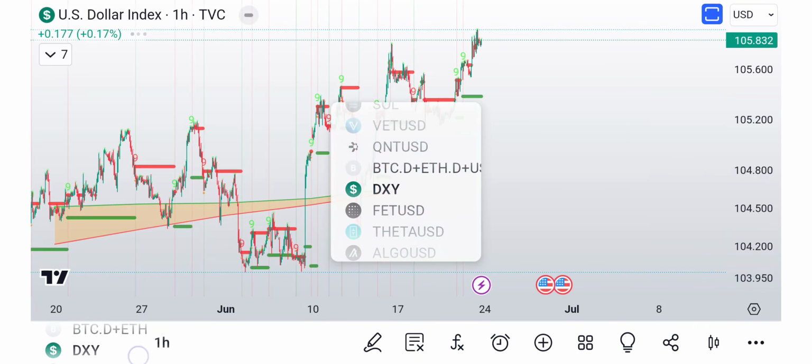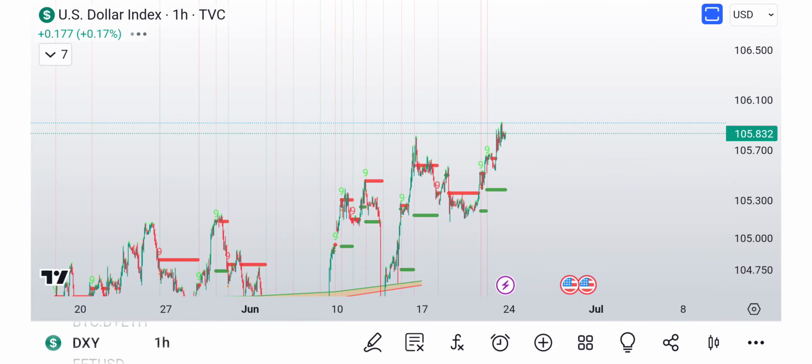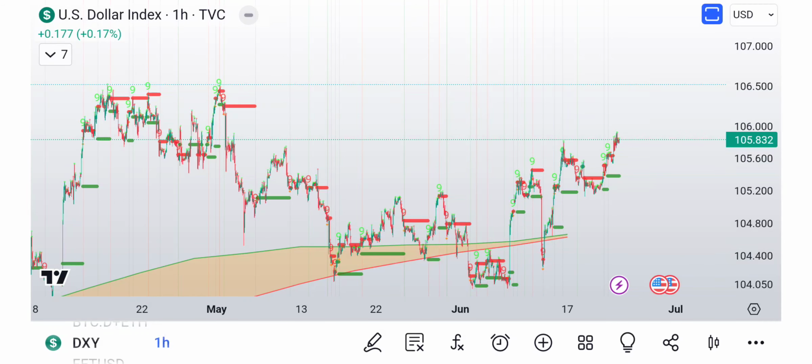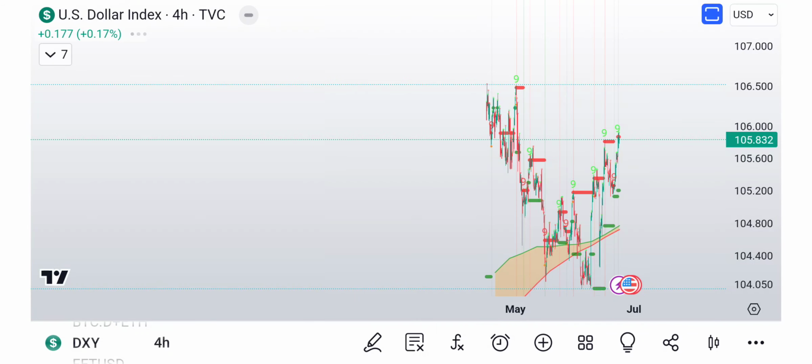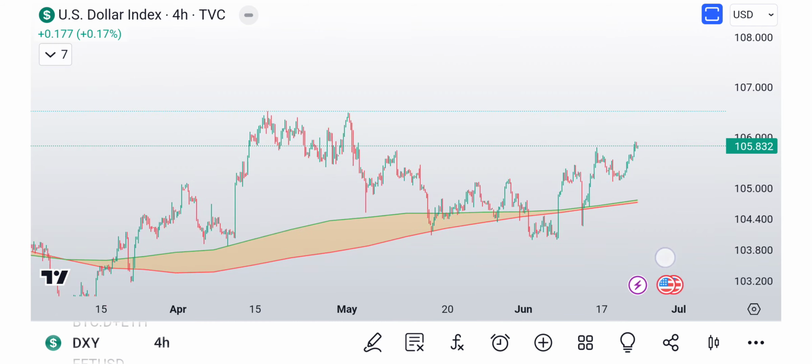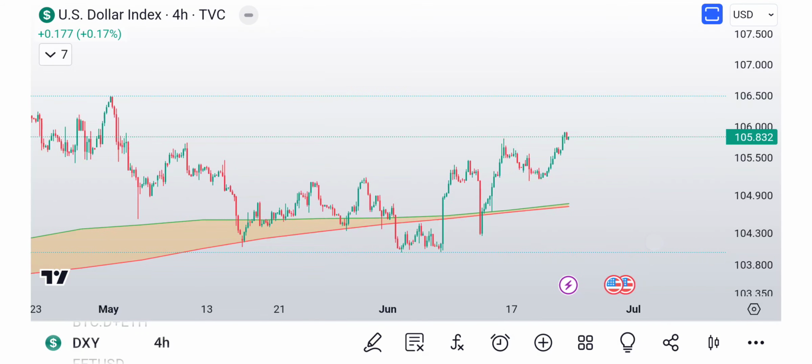The dollar, I haven't looked at the dollar. The dollar is actually the problem. That's the biggest problem in crypto right now. If this thing starts to break out, and here's the problem, nobody's talking about this: other countries are lowering their interest rates, right?